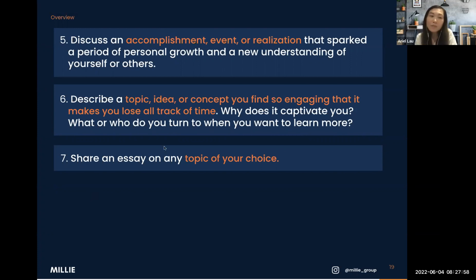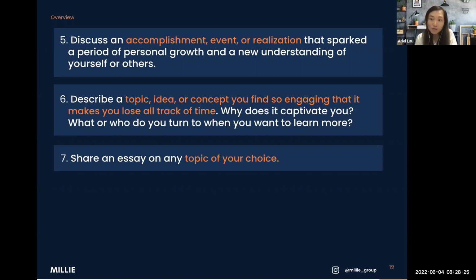And lastly, prompt number 7 is a topic of your choice. So if after looking at the previous 6 prompts, you are still unsure about which one to choose, or you still think that none of the previous 6 prompts are covering what you're hoping to write, you can definitely pick a topic of your choice or write about something that is completely different. However, don't pick it for the sake of picking it just to look special.